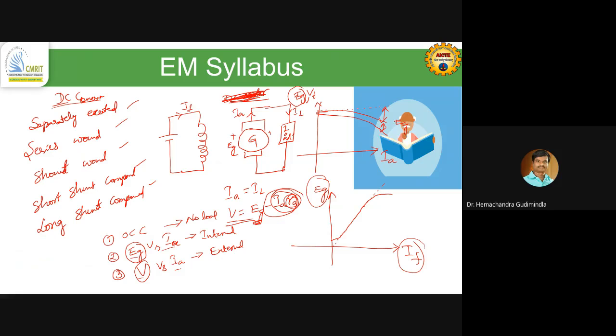So this is terminal voltage versus IA. This gap is due to armature reaction, and this gap is due to armature ohmic drop. This is how we can draw the characteristics for the separately excited DC generator.